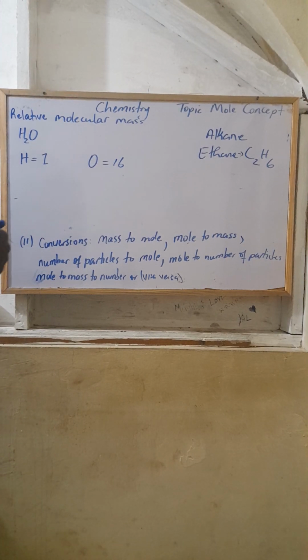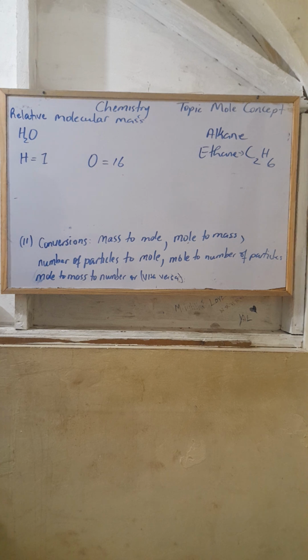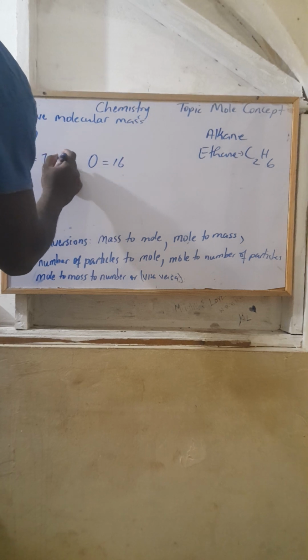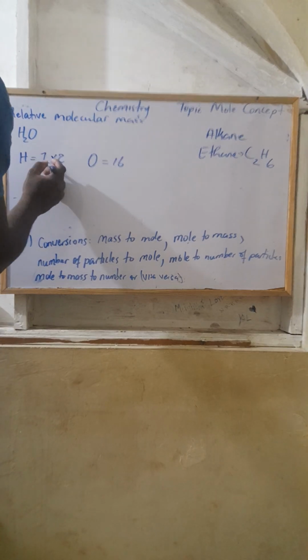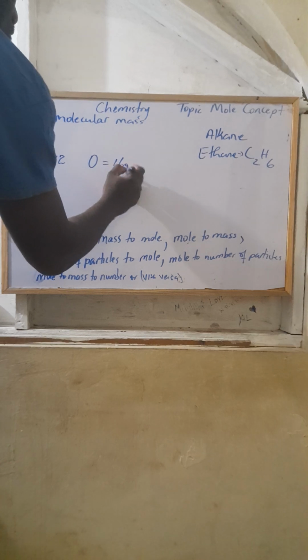All right? So, next thing that we need to take into consideration is the number of atoms within the formula of the compound. And we see that there are 2 hydrogens, so we multiply the mass of hydrogen by 2.